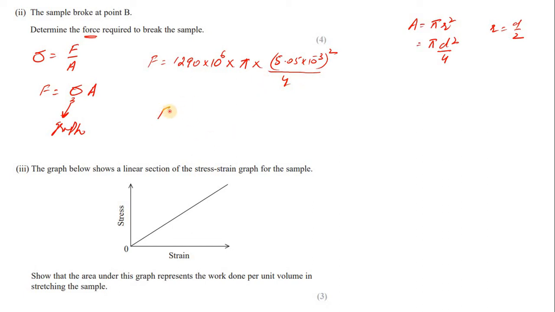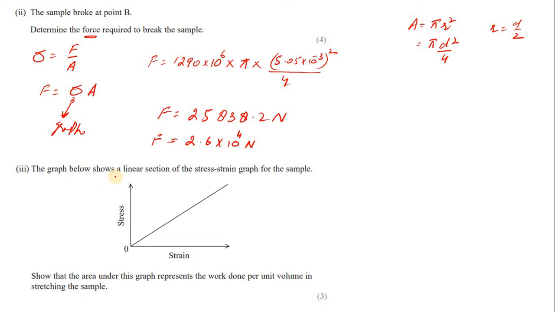So the force that you will find after simplifying is 25838.2 newton, or you can say 2.6 into 10 to the power 4 newton. That's how you can figure out the force at which the wire breaks.